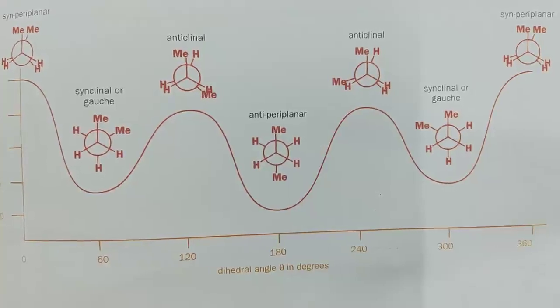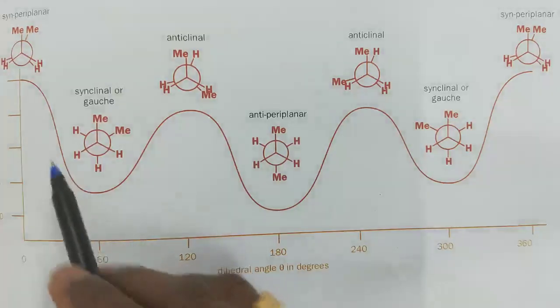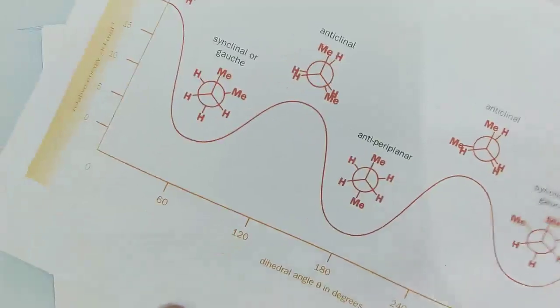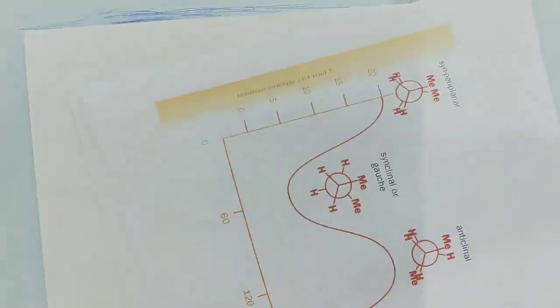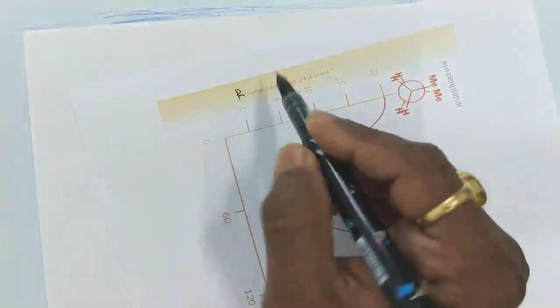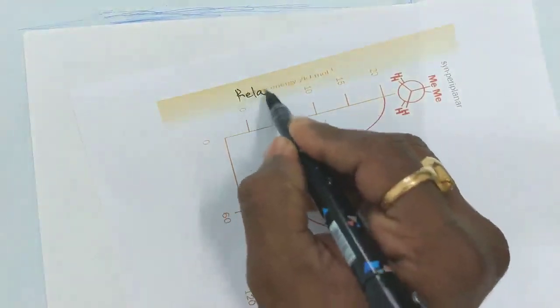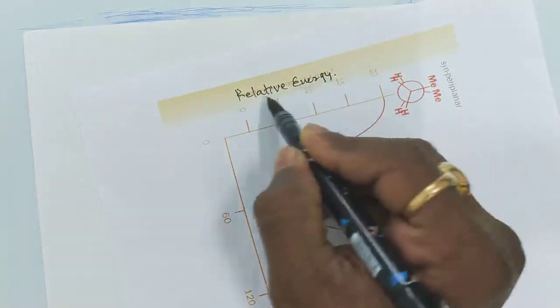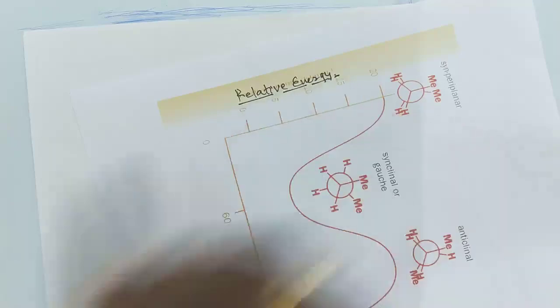Okay, so dear students, now this is for time saving purpose. I have given this figure for you: this is the variation of energy. This is the relative energy, basically. We cannot say this is the absolute value of energy.